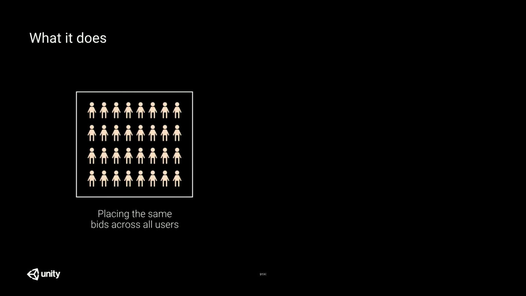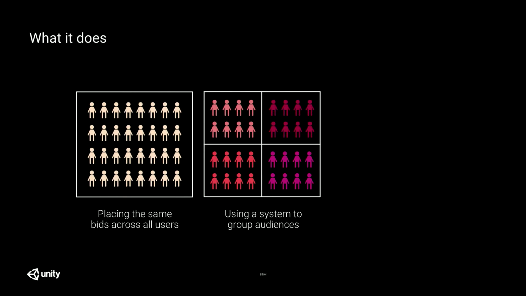Traditionally, when we think about that scale campaign and how user acquisition was done, we saw user acquisition managers or game developers placing the same bid across a large set of users, not necessarily doing efficient targeting. We saw the industry take it a little further by segmenting audiences. For example, if you knew that your game worked very well on iPhone 7 or iPhone 10, you can create a campaign that targets those users specifically and bids higher or lower for them, depending on your objective.